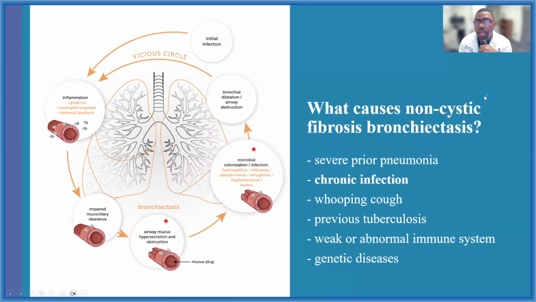And Dr. Cole thought that the lung was, in fact, sterile. When I went to medical school in the late 90s, we were still teaching that the lung was a sterile organ.